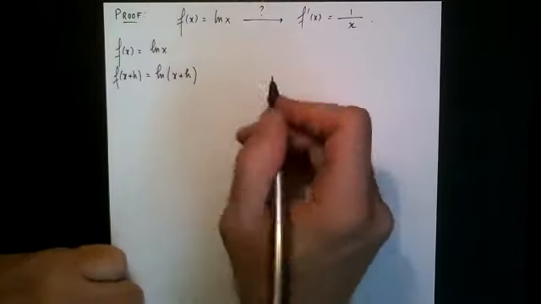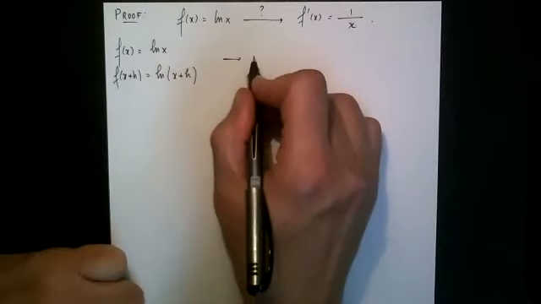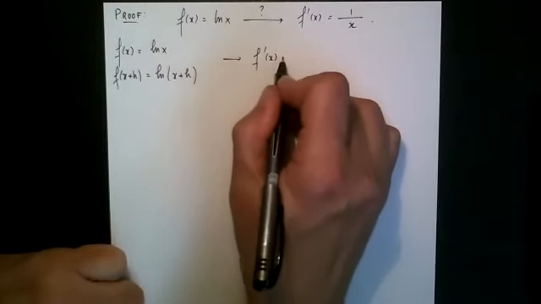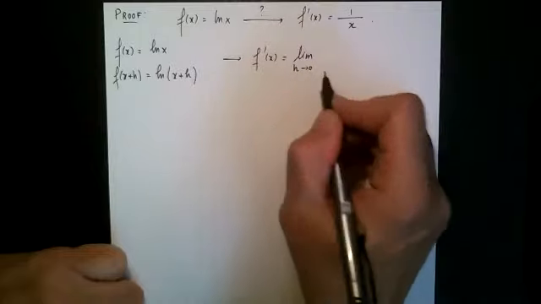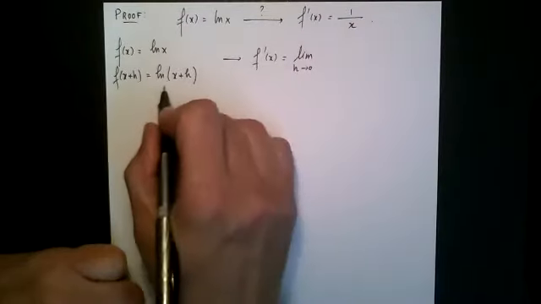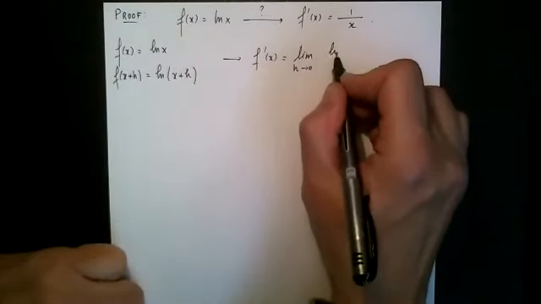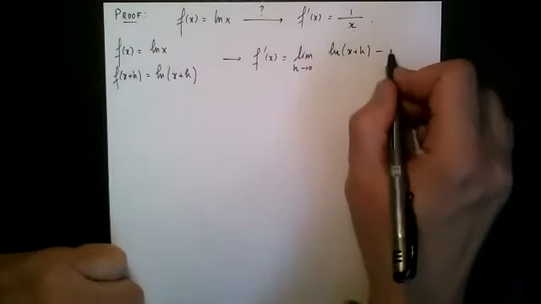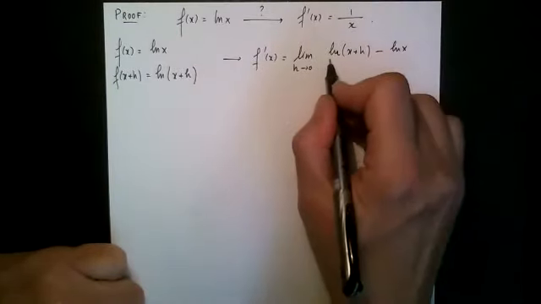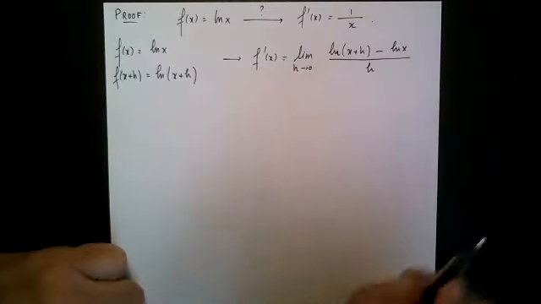Good. And so f prime of x will be the limit as h approaches 0 of f of x plus h, so ln of x plus h, minus f of x, which is ln of x, and all this over h.